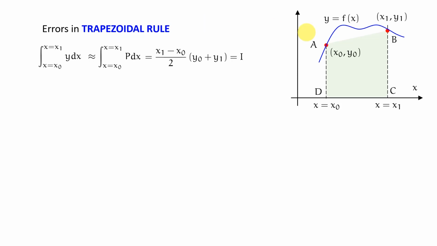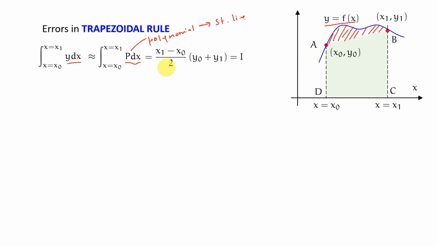Now we can see that as I fit the trapezium in this curve y equals f(x), the actual integral should have been the area below this curve y equals f(x). As I am taking the trapezium, I am missing out some part of it, and this could be significant, and this is my error in numerical integration. I was supposed to integrate y dx, but instead I have integrated p dx, where p is a polynomial in general, but in this case this is a polynomial of degree 1, which in this case is a straight line.